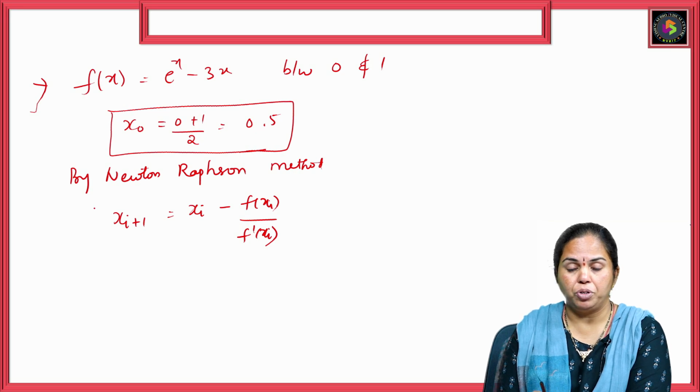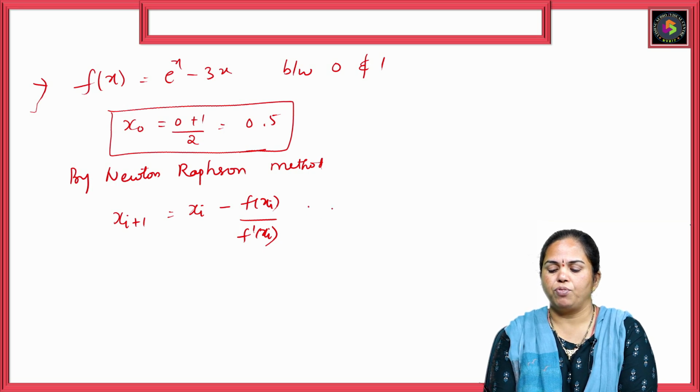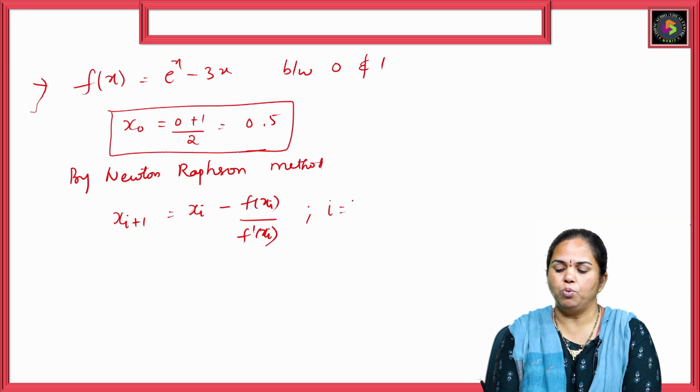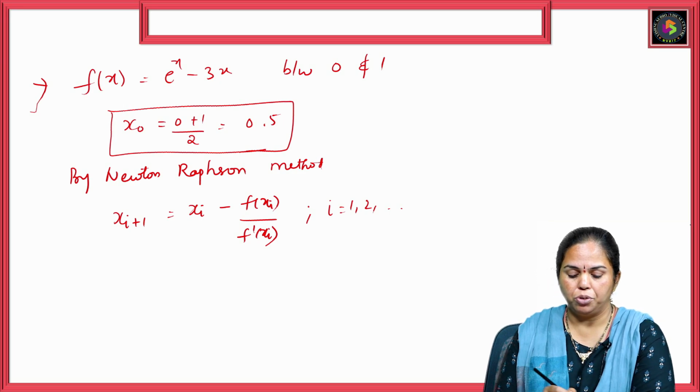Then we are applying the Newton-Raphson formula, x(i+1) = x(i) - f(x(i))/f'(x(i)), here i = 1 to so on. So by varying the value of i, we find the roots.